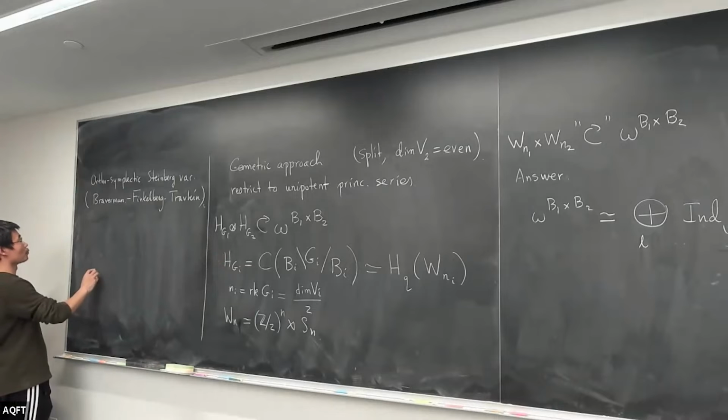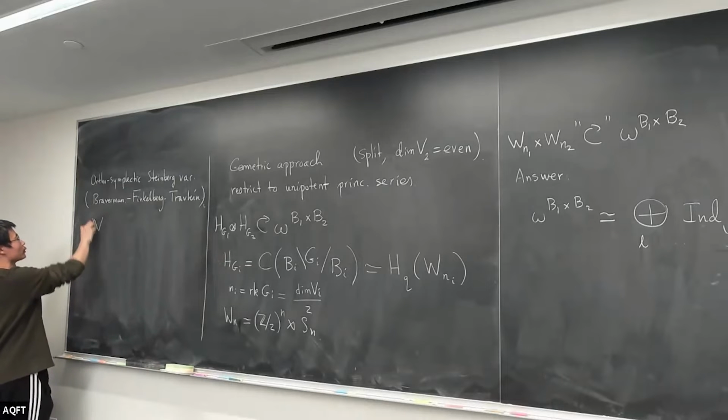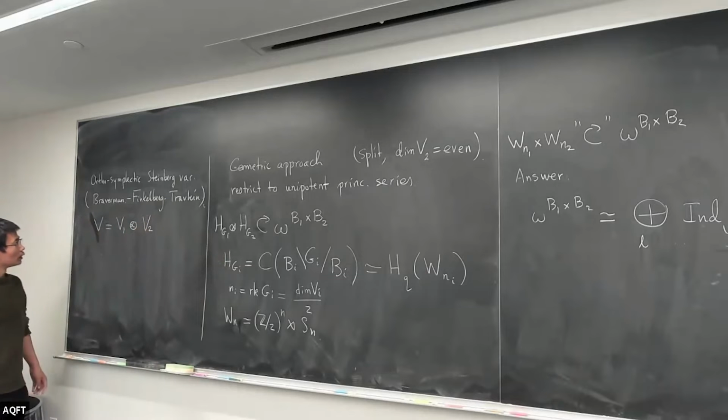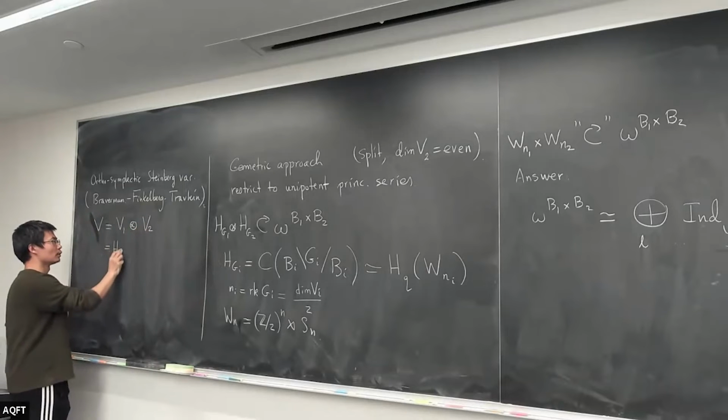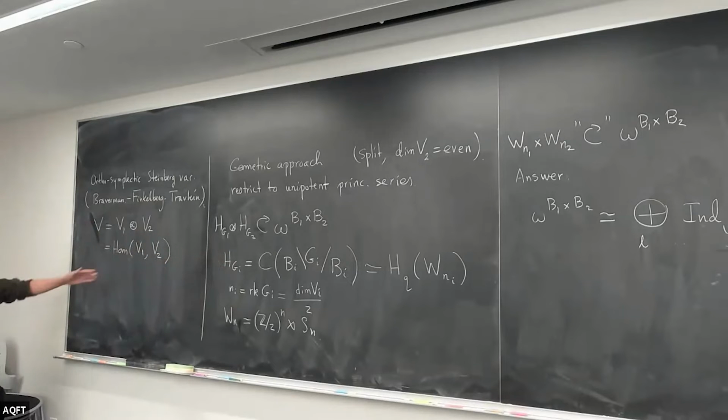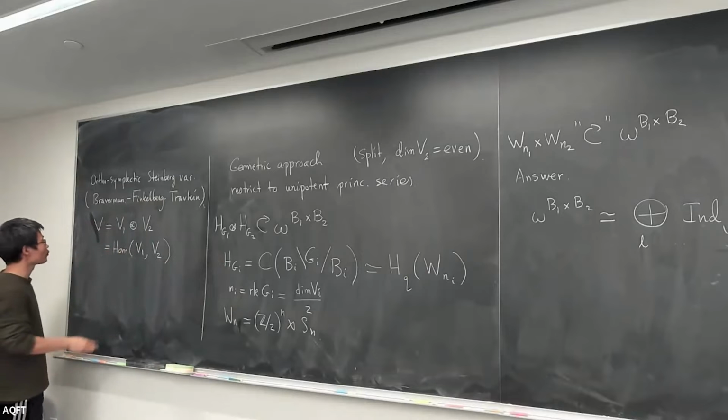So we start with this V. Yes, this V is a tensor product of V1 and V2. Using the form on V1, I can identify it with its dual.